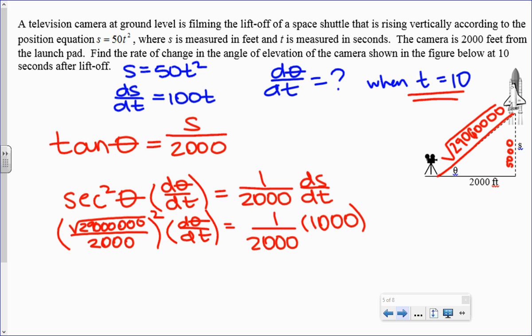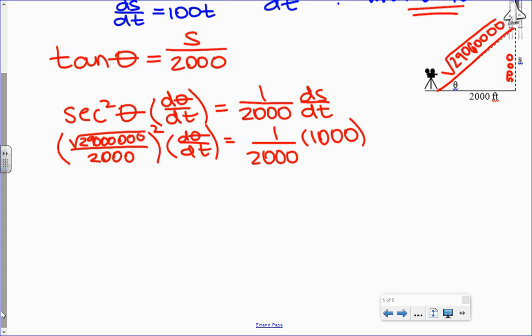It's not like that way saves us from a non-calculator kind of problem, but I just want you to be aware that you can do that and it saves you some rounding error. So now we can solve for d theta dt.